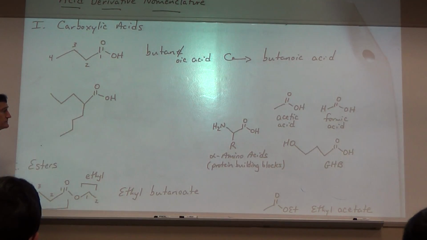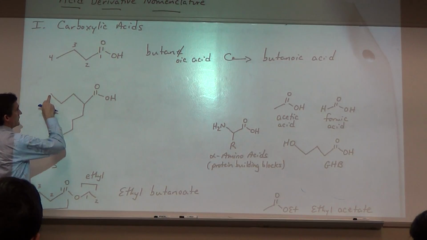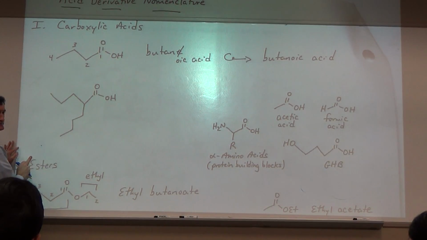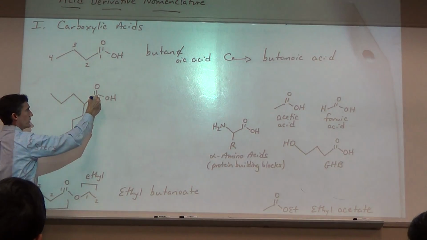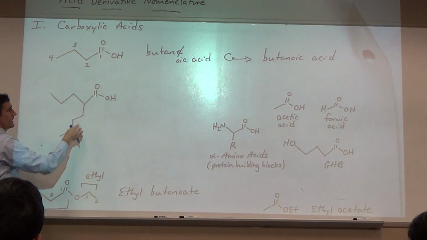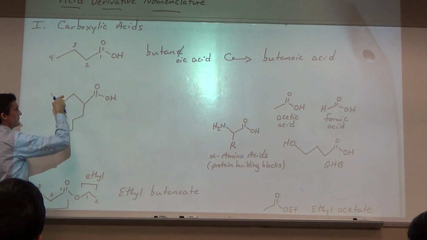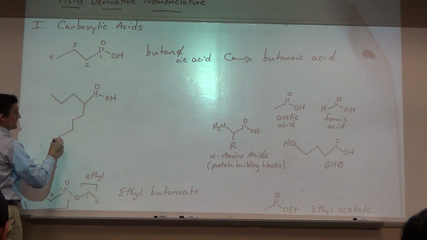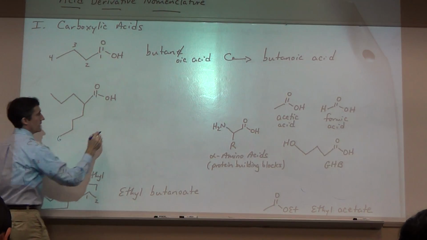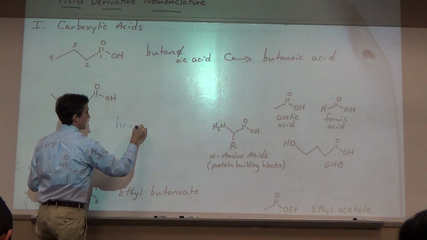Name this compound here. Longest continuous chain: 1, 2, 3, 4, 5, 6, 7, 8. No. The carbonyl must be part of the longest continuous chain. It's the one position, so that's not it. Start there: 1, 2, 3, 4, 5, 6. So it's hex.